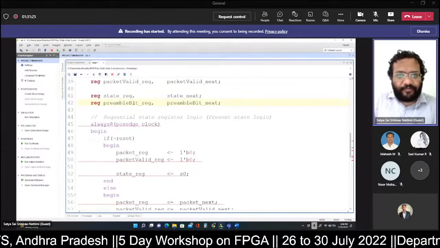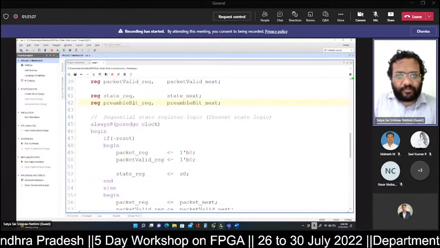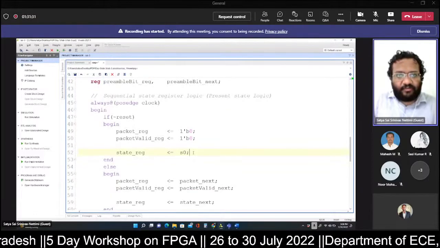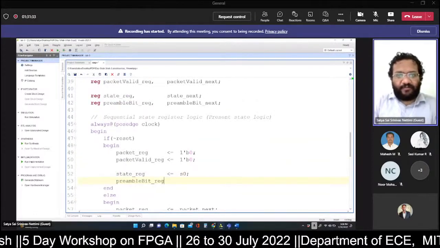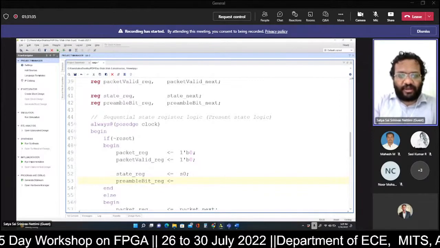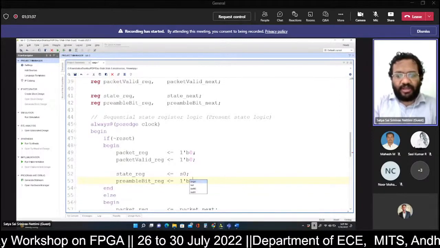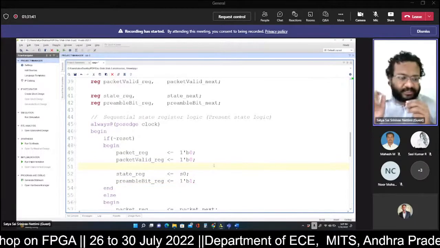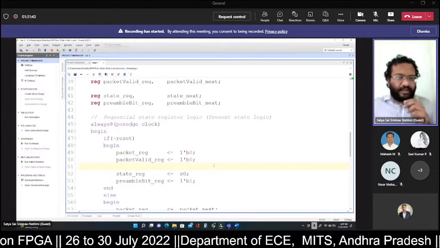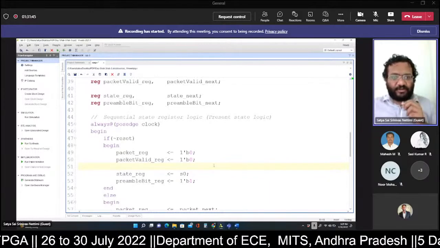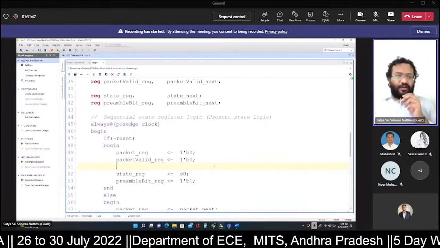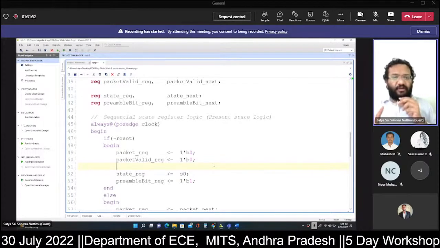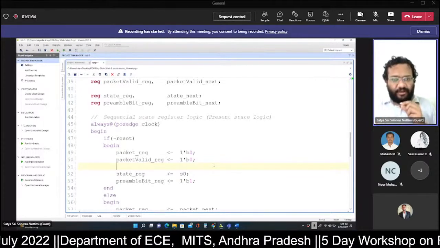Now, for the preamble bit register, by default it should be reset to 1, that is 1'b1. Why? Because as I told you, the preamble is nothing but an alternating sequence of ones and zeros. Since it is an alternating sequence, the first bit in the preamble is binary 1.